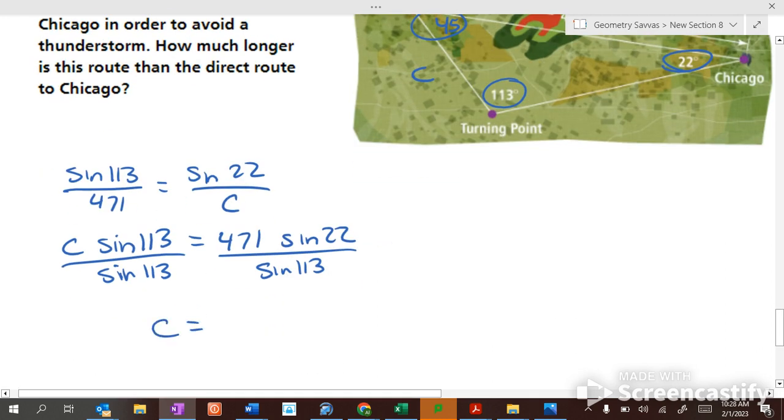What does C equal? 471 sine of 22, press equals, divided by the sine of 113, press equals. So we'll call it 191 miles.